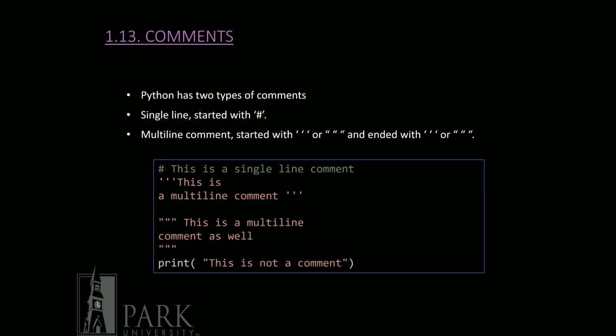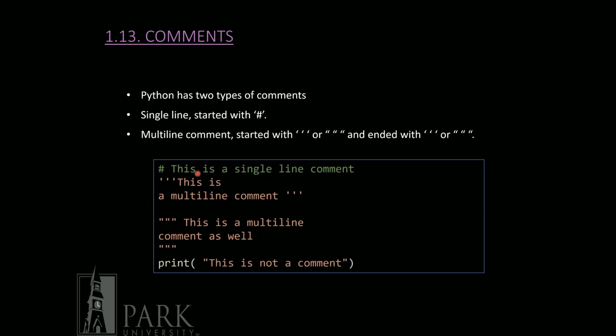So this is what an example would look like. So here's a single line comment. You can see that in green right here, and you can see this multi-line comment with triple single quotes, and you can also see a multi-line comment with triple quotes. Now, the only thing that you have to be aware of is that if you start with the triple single quotes or the apostrophes, you need to make sure that you end with the same type.